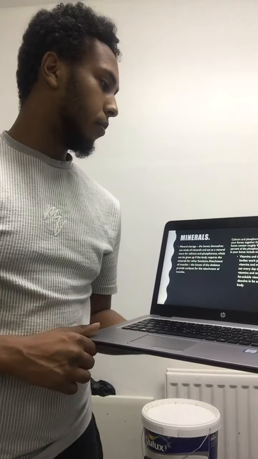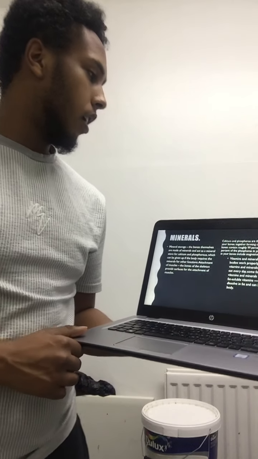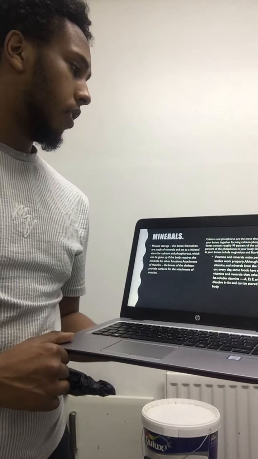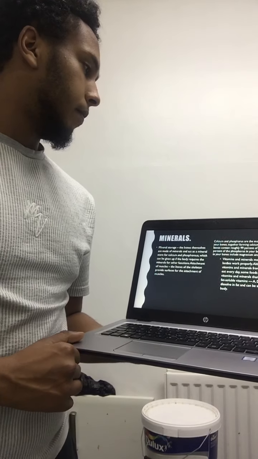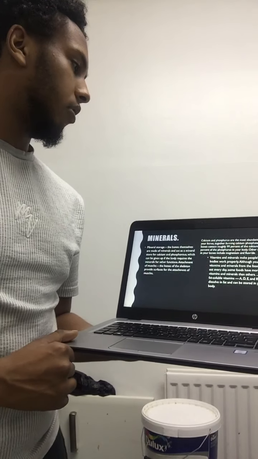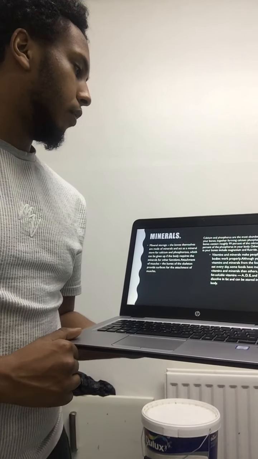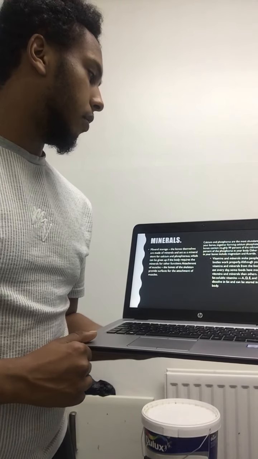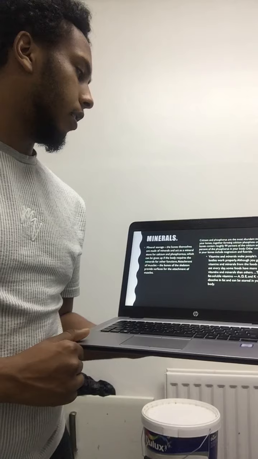Calcium and phosphorus are the most abundant minerals in your bones, together forming calcium phosphate crystals. Your bones contain roughly 99% of the calcium and 85% of the phosphorus in your body. Other minerals stored in your body include magnesium and fluoride.